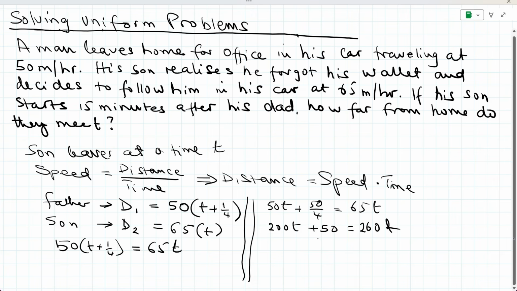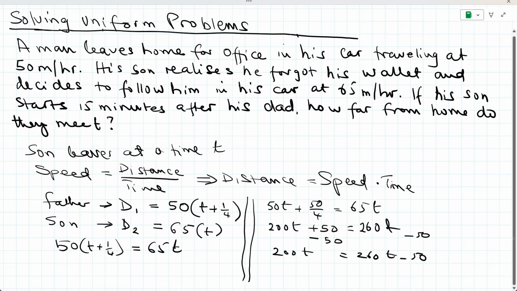So we then can subtract 50 from both sides, and we'll have 200t is equal to 260t minus 50.